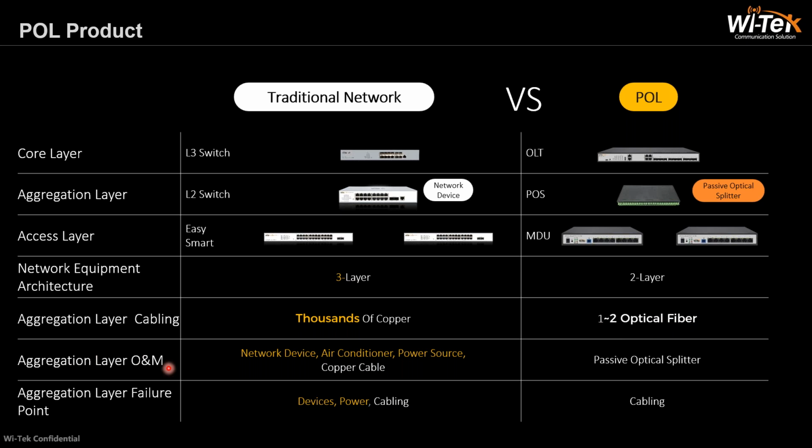For operation and maintenance, we must face the network devices, air conditioner, and power source, and thousands of copper cables. But in the aggregation layer for the POL, only optical splitters and a few optical fibers. Also the fail points: devices, power, and the cabling, right? But in the POL, in aggregation, only the cables.